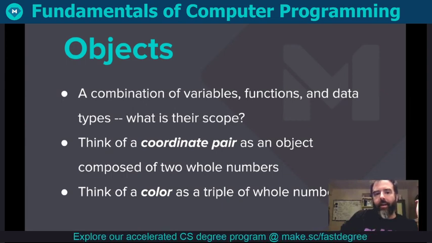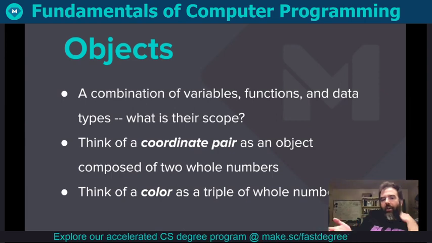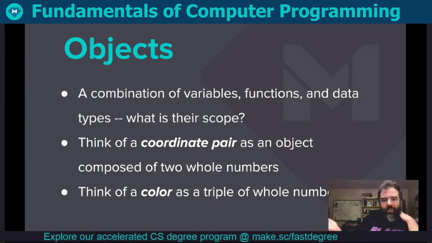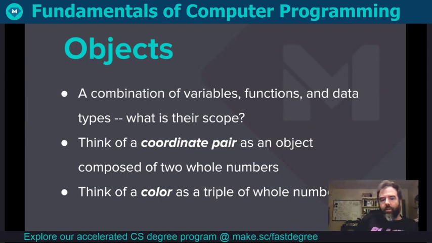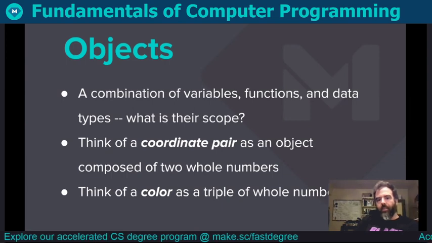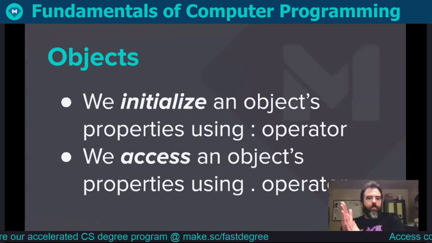So, like I said, a point is a pair of two whole numbers. A color is a triple or a quadral, I don't know if that's a word, of whole numbers, or it's just a single if you're playing with grayscale. But let's assume the RGB color is a triple of whole numbers. We want to group them together and go over some basic syntax.